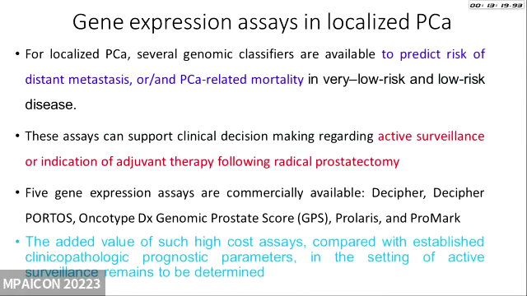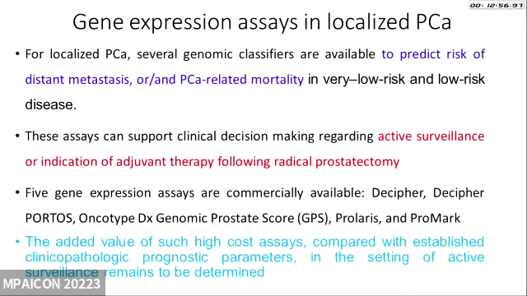In our center, we come across mostly advanced or metastatic prostate cancer, so we haven't been using gene expression assays, but whichever center is attracting localized, very low risk disease may be interested in this.